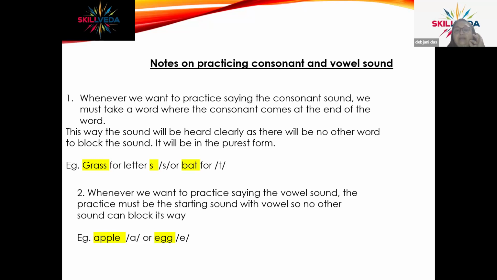And when we are teaching a vowel sound, like a, apple; the sound i, inkpot, igloo. So it has to be a word which begins with them. That is how you need to make the kids practice. Is it clear till now? Yes.